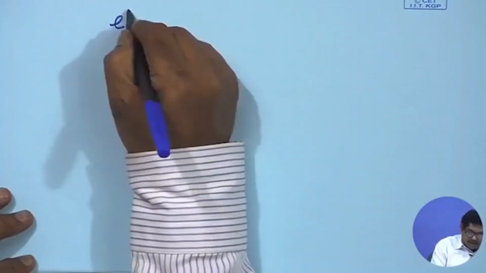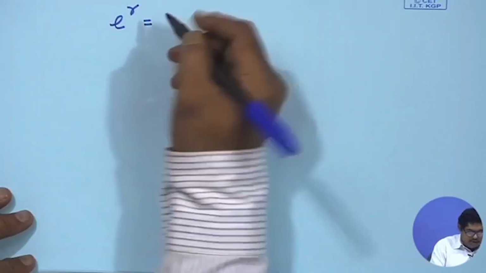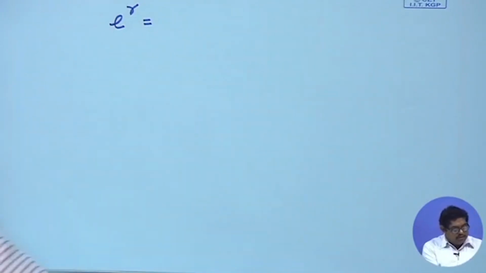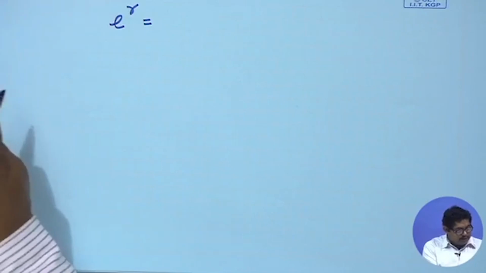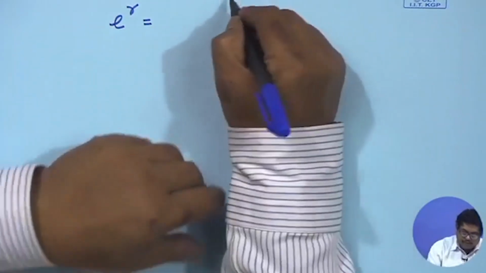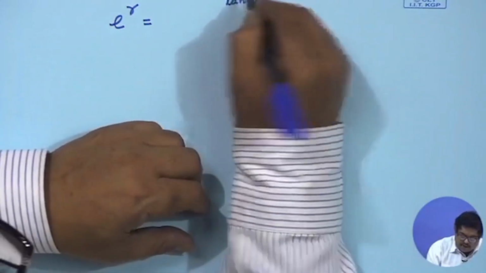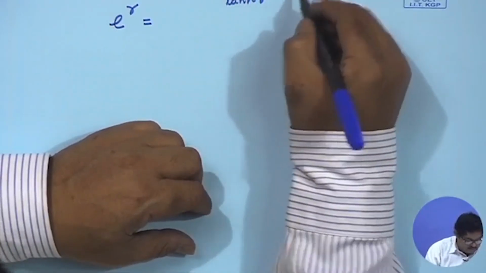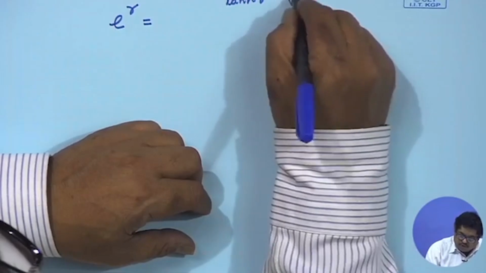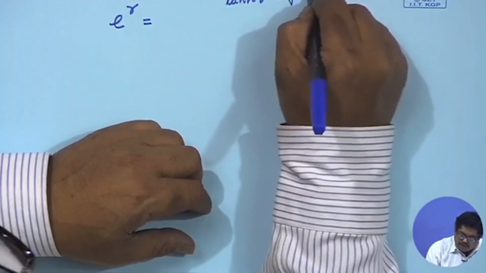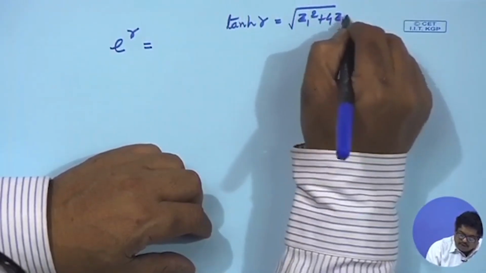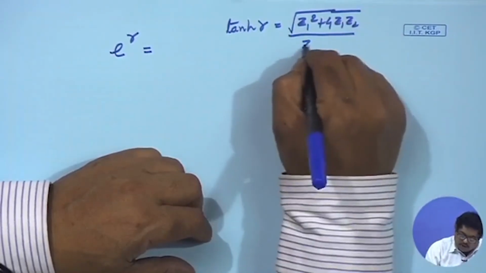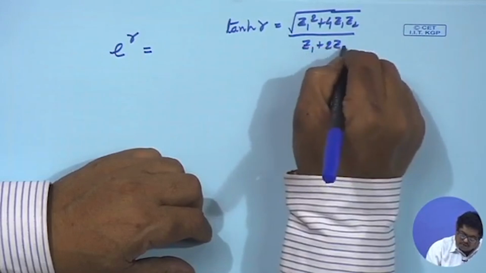If you remember, yesterday we derived tanh of gamma is equal to root over Z1 square by 4 Z1 Z2 by Z1 plus 2 Z2.